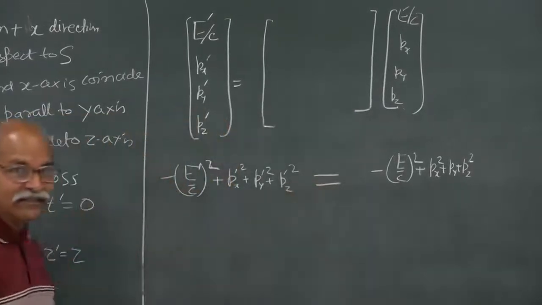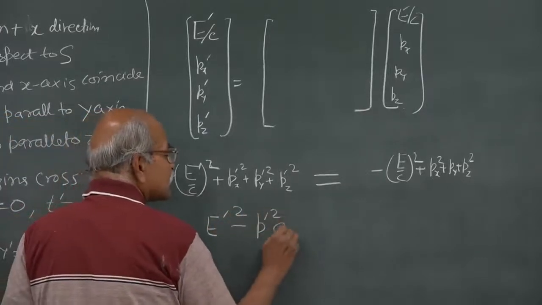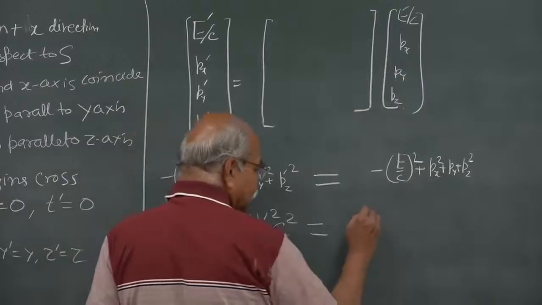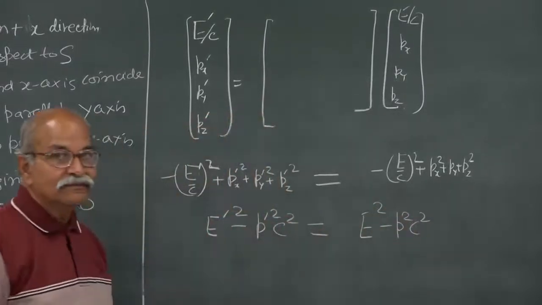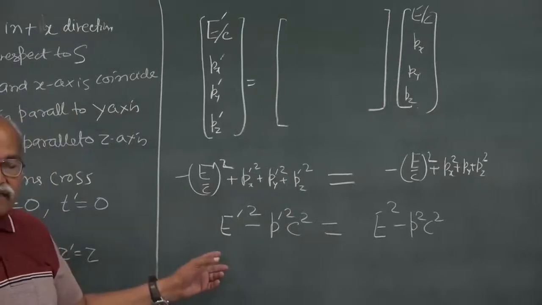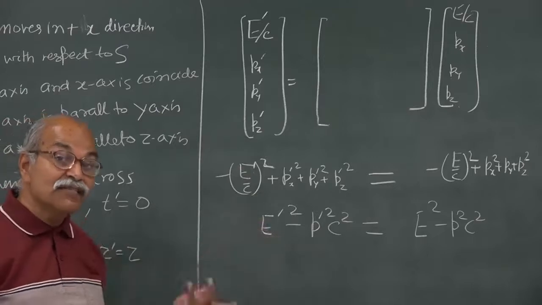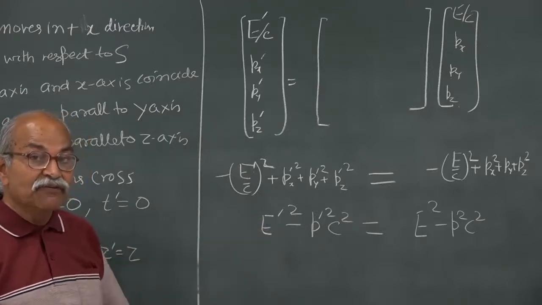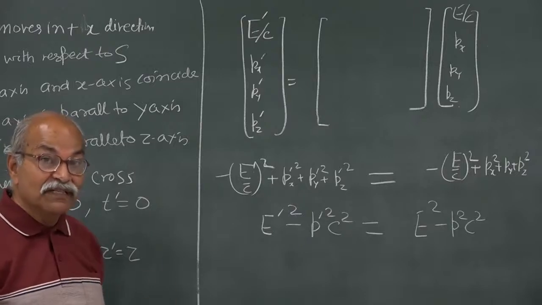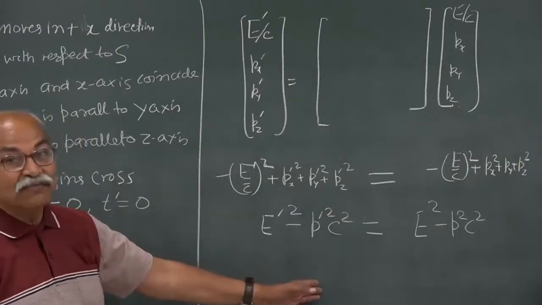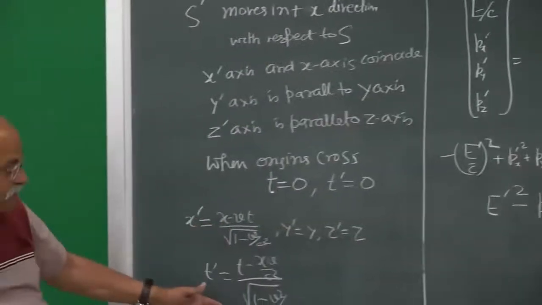I can still say E prime square minus P prime square c square will still be E square minus P square c square, and that is valid for all kinds of 4 vectors: the position 4 vector, the displacement 4 vector, the velocity 4 vector, any 4 vector you take. So it is not necessarily coming from this kind of equations.